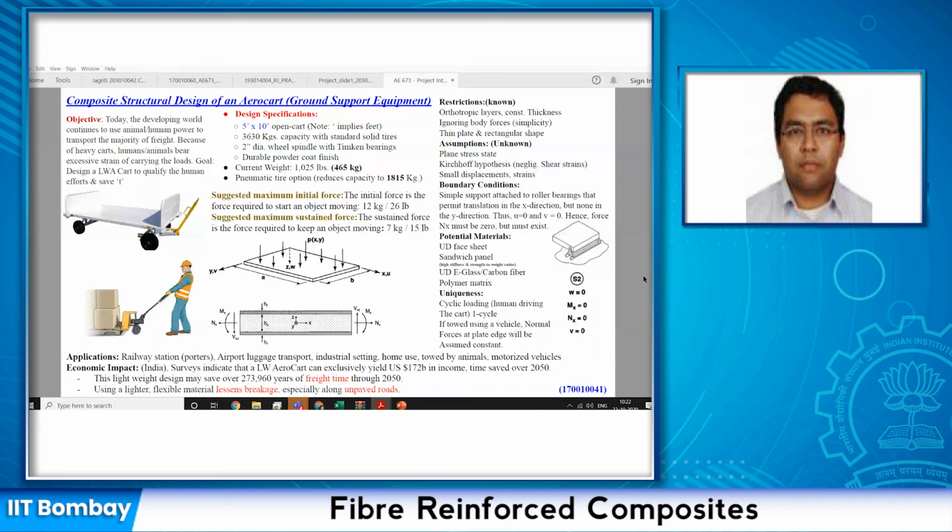As you can see, I'll be solving the problem using a rectangular plate with uniformly distributed load. On the right hand side, you can see the restrictions and the assumptions and the boundary conditions which are mentioned. I would like to highlight the boundary condition which I'll be using, as you can see in the small figure on the right hand side.